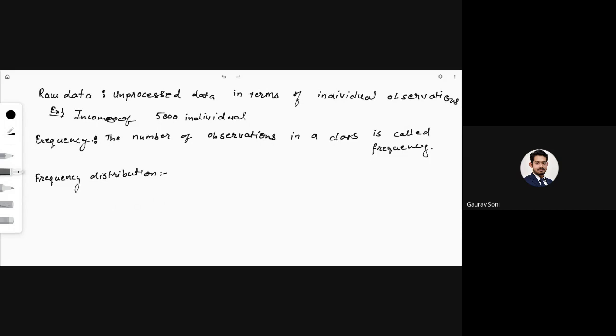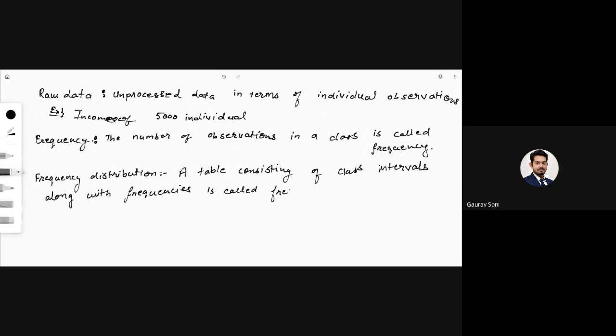So right now we'll just write down the most basic definition: a table consisting of class intervals along with frequencies is called frequency distribution.